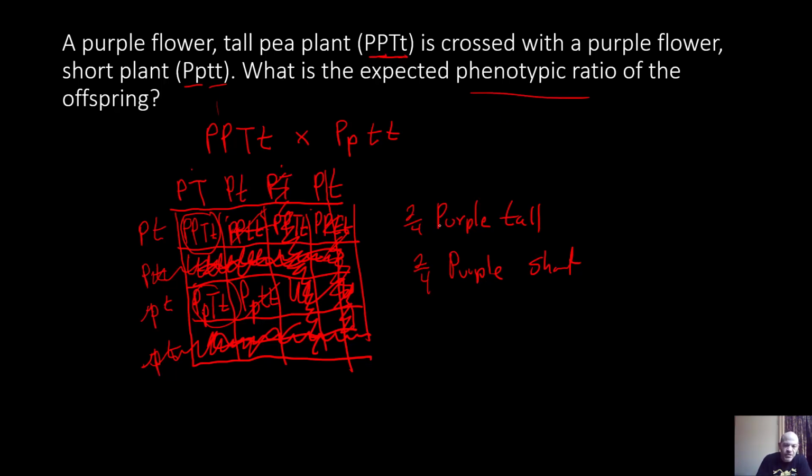Basically we got 2 out of 4, which reduces to 1/2. I think I might have said 1/4 a while ago. It's reduced to 1/2. So half, 2 out of 4 is half. So we expect half to be purple and tall and the other half to be purple and short. So the ratio is really 1 to 1. Or we can say 1/2 purple tall and half, or 50%, purple short in this 2-trait cross.